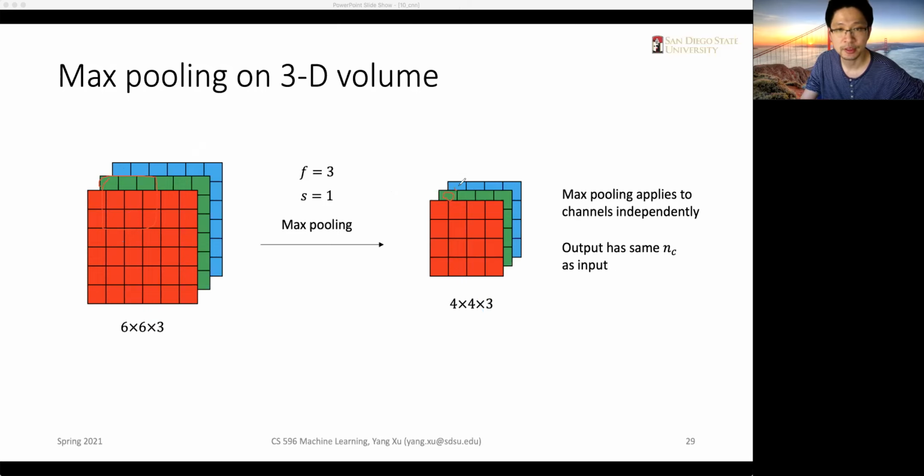And so is the blue one. It's applied to each channel independently, so that the most salient information in each color channel will be preserved. That's a pretty straightforwardly defined operation called max pooling.